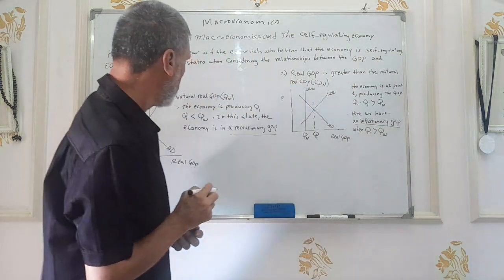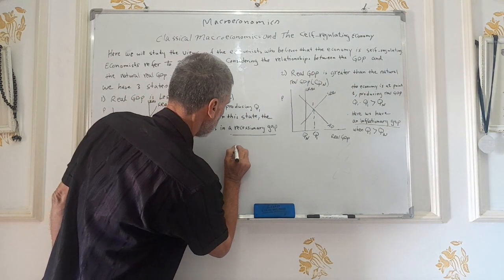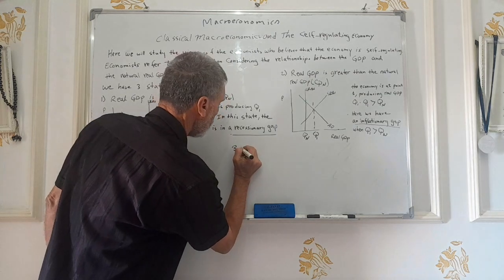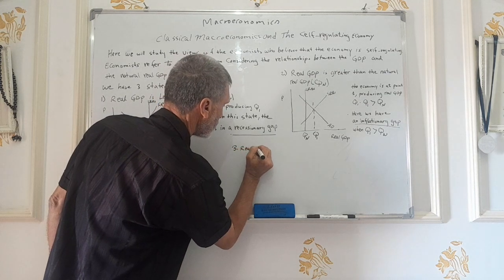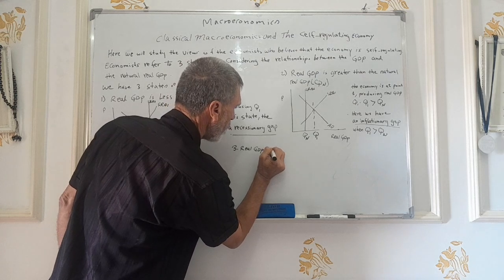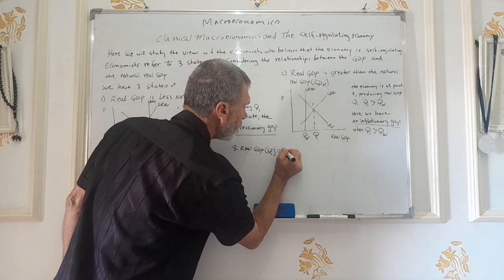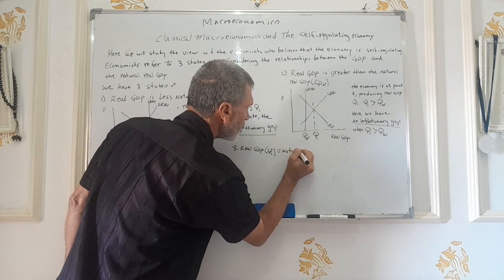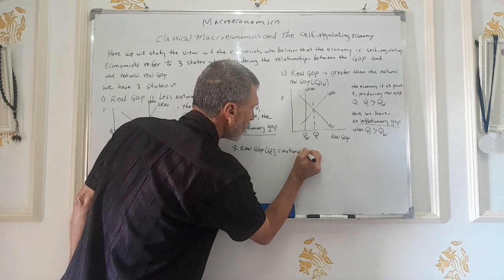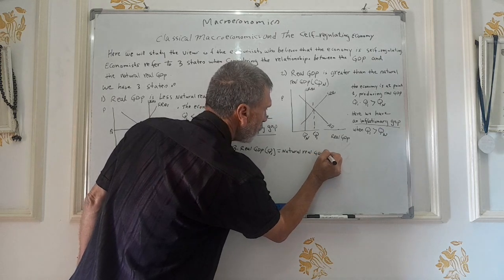Now, what about the third state? Real GDP Q1 is equal to natural real GDP, Qn.